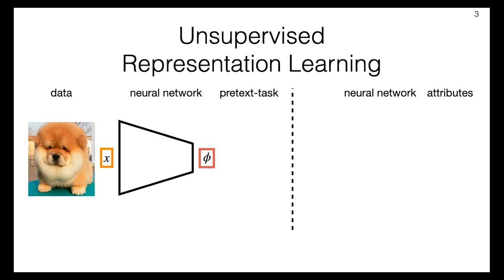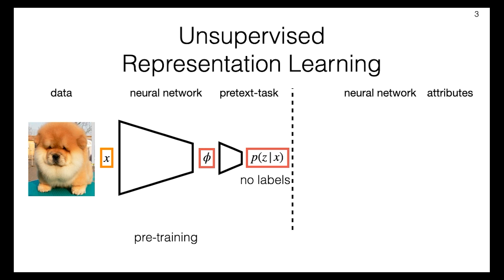Here is an alternative to supervised learning. In unsupervised representation learning, one first trains a network without labels to map images X to features phi by defining a so-called pretext task that requires no labels. This step is called pre-training.